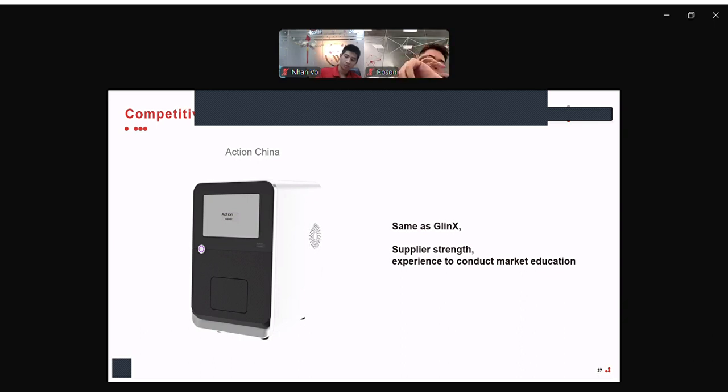So the service is different. We can compare with them from the services perspective. And another one is the launching time. Whether this kind of machine has enough accumulation of data and testing reports to support and serve as the backup of the machine.